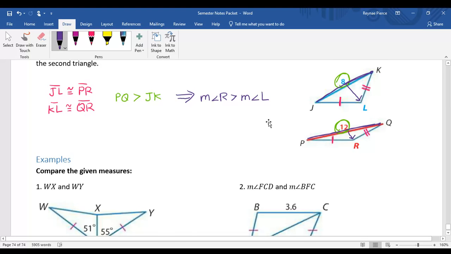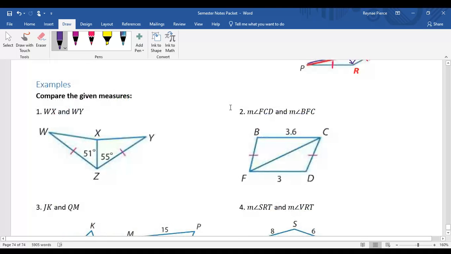So some examples here. We've got WZ congruent to YZ, and then the reflexive property here lets us say that XZ is congruent to XZ. So we've got basically the doorway, and then two doors swinging open.